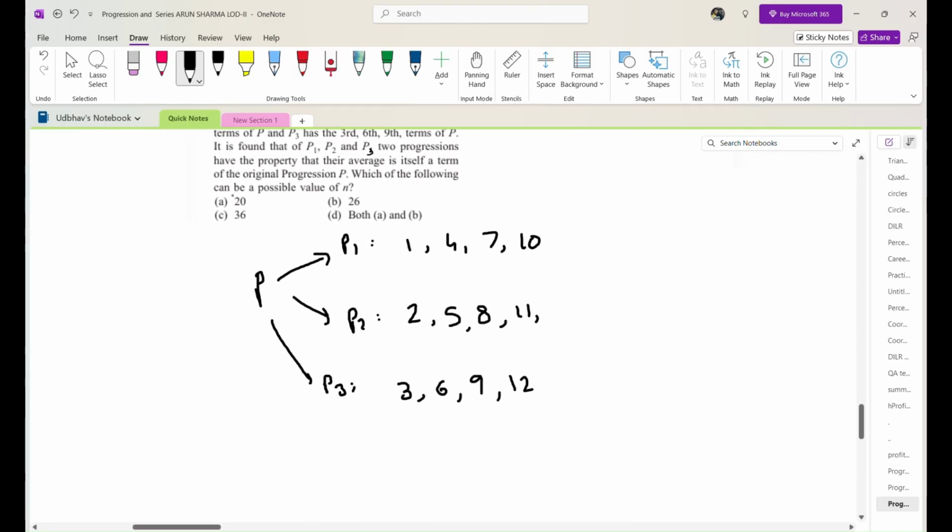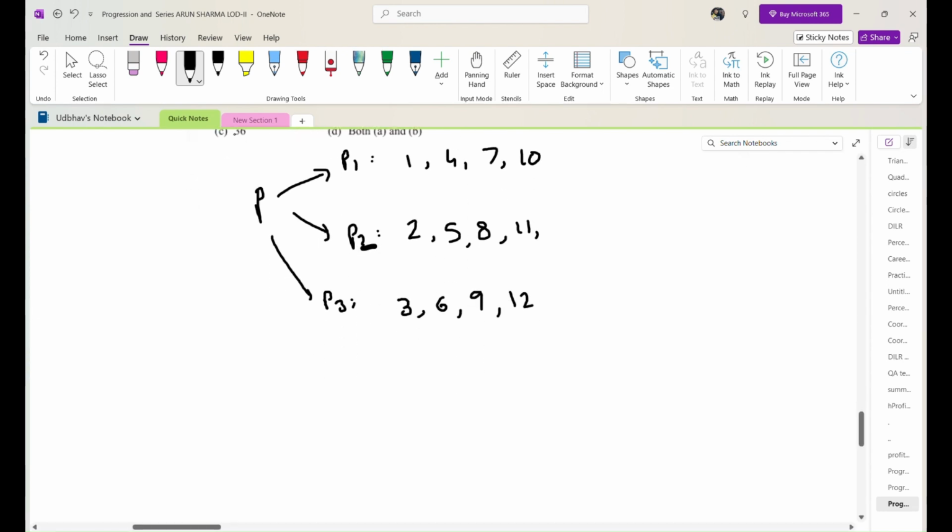So we are told that from these three, the average of any two is equal to the third progression, and that third progression is a part of the original progression P.